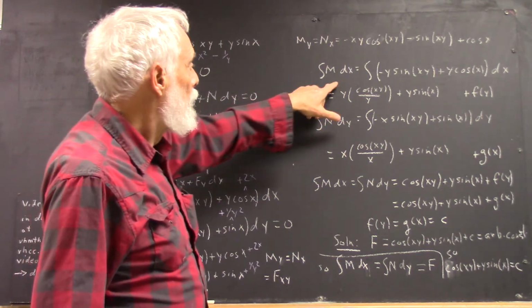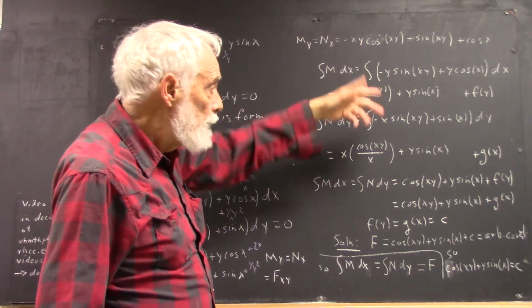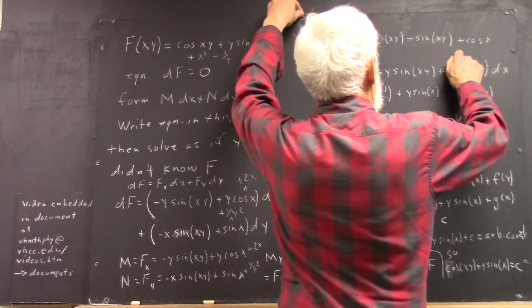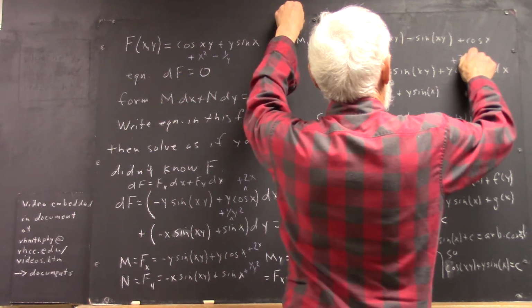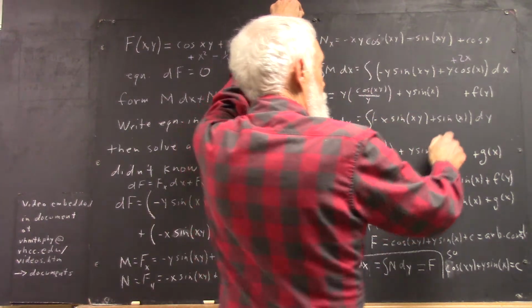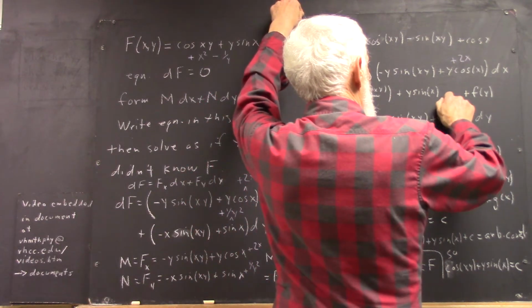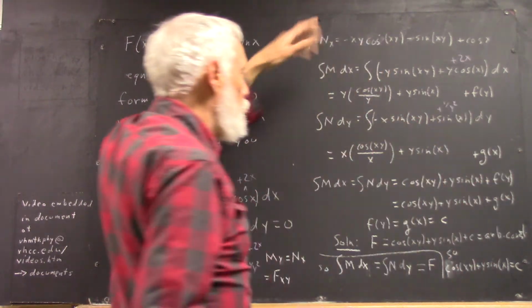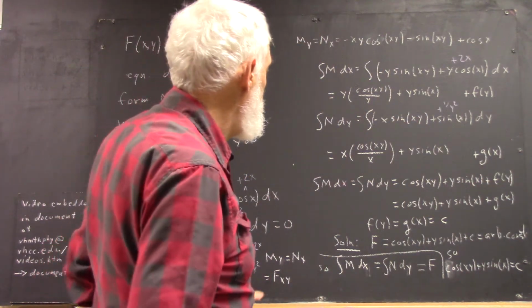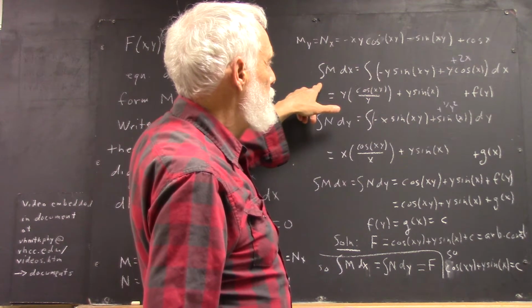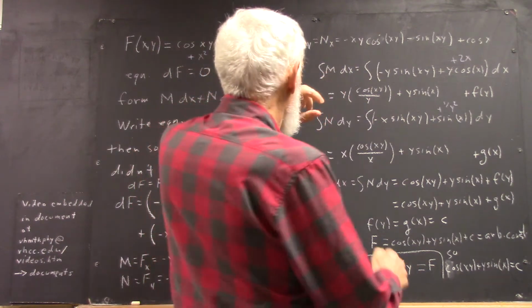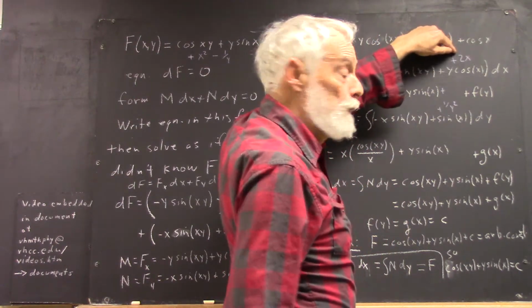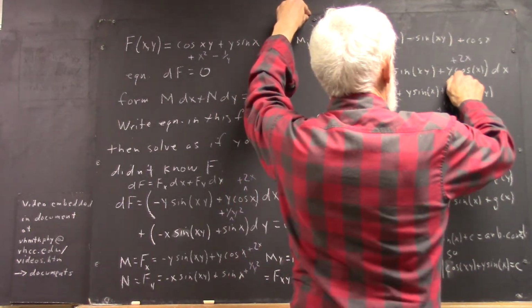So, our integral of M dx then, well, in our M we've got a plus 2x. In our N function, we've got a plus 1 over y squared. So when we integrate M with respect to x, well, the antiderivative of 2x is x squared over 2.